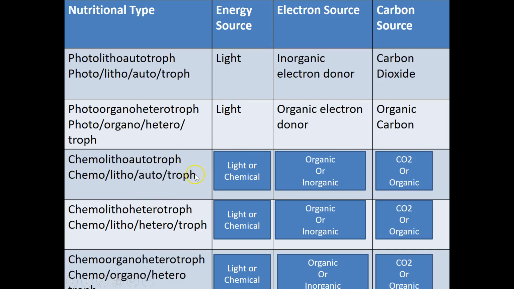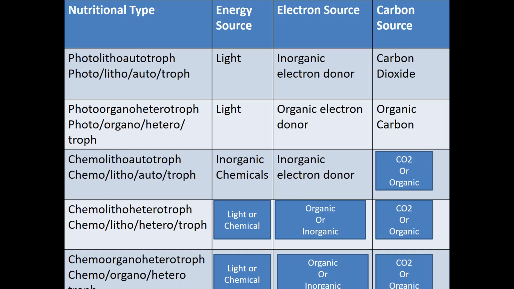Chemo means chemical source of energy. But the next word lets us know, because it's litho, that it was an inorganic source of electrons, and therefore inorganic chemicals are used for that energy. And it's autotrophic, so it's using what for carbon source? Carbon dioxide.